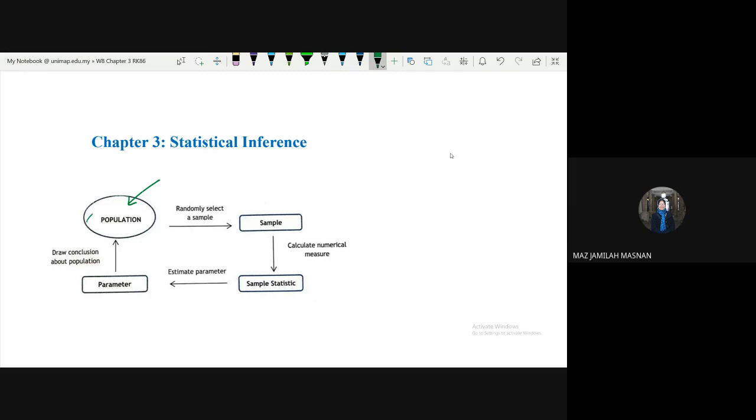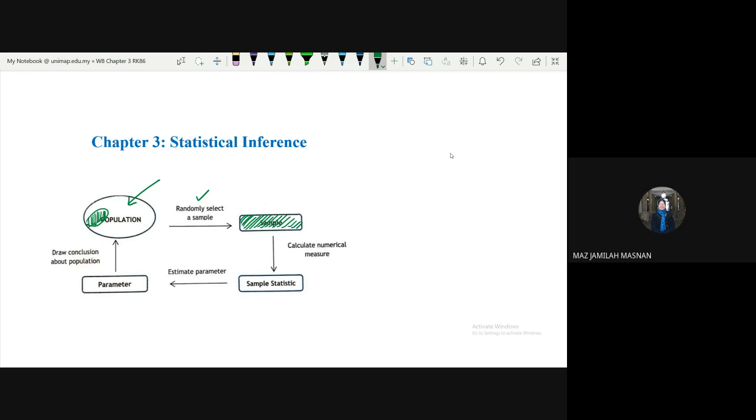So we take a subset of our population, and this subset of our population is what we call a sample. When we know that we need to do some investigation, and we choose our sample, how do we choose? The best way is by using the random method.